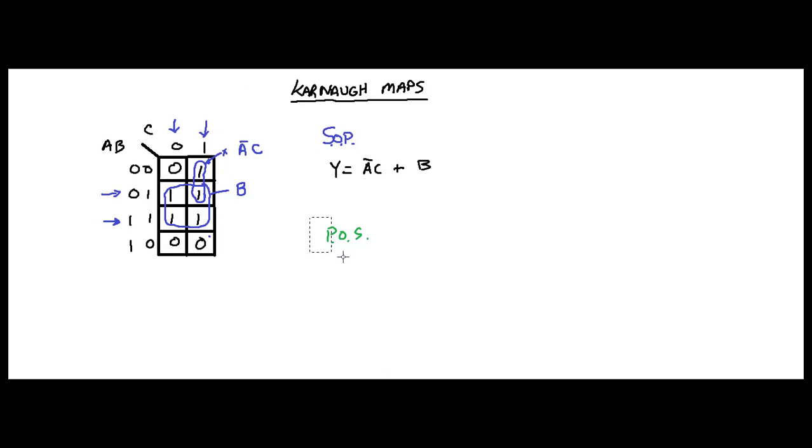Now, tell you what, let's do the POS method, alright? We're going to have some fun here. Okay, so let's start grouping the zeros, shall we? Well, obviously we have one group right here, don't we?